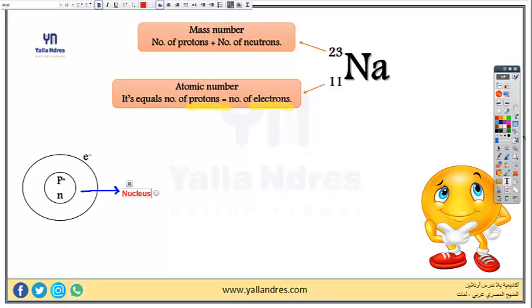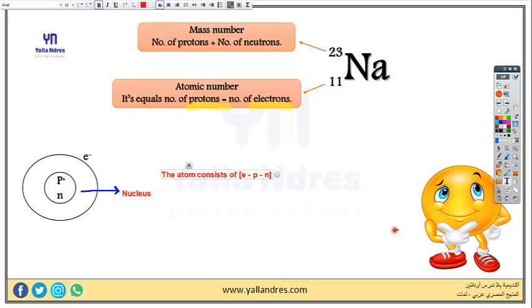Okay, so now we can say that any atom consists of electrons, protons, and neutrons. So, if I ask you about the mass of this emoji, the mass of this person, what is the mass of this one?